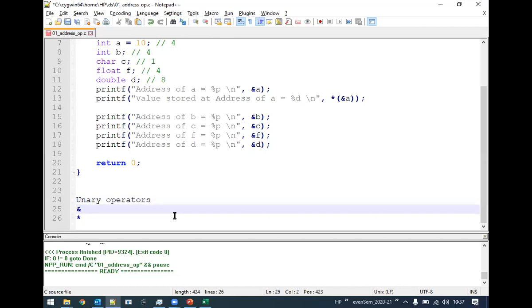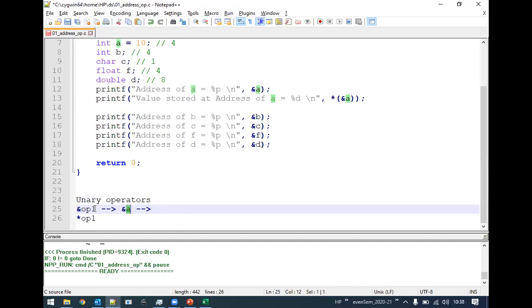There will be one particular operand. Let me call it operand 1. For example, &A. Now, how many operands are here? There is only one operand, that is A. That is the unary operation, or unary operator.